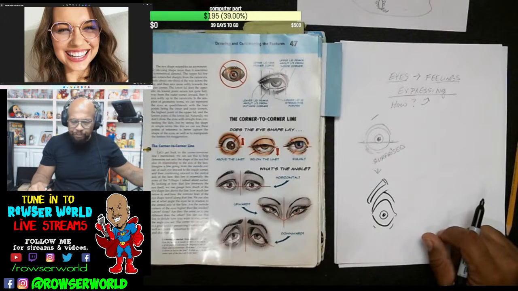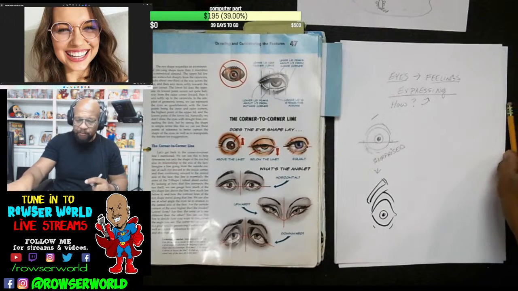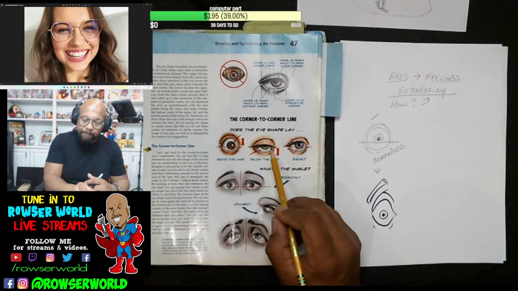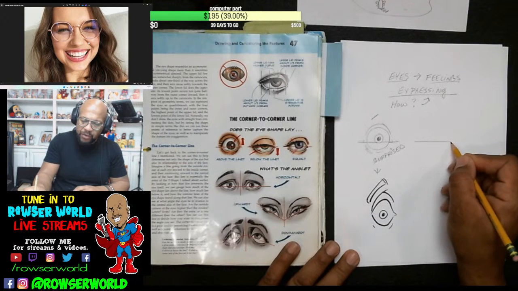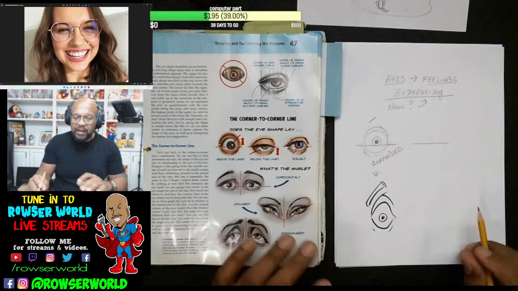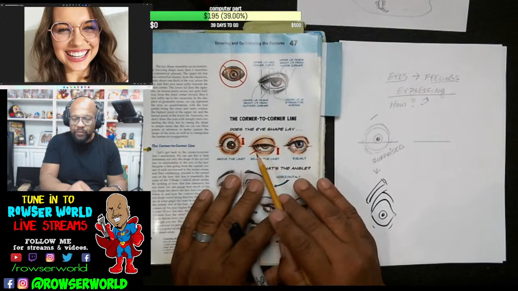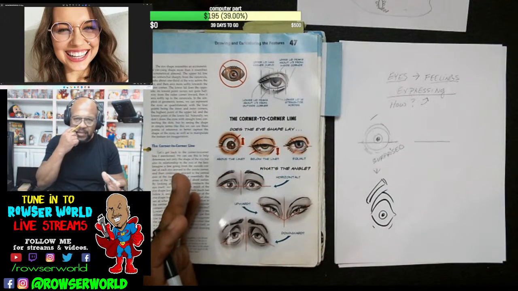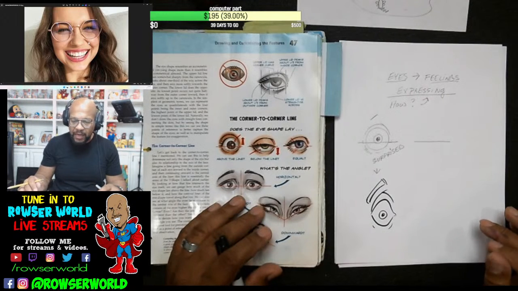All right. Now the next eye that we also went over last week, which I find to be very usable in a lot of situations, is where we have the center line, okay? And if you look at the white space of the eye here, it is more of a half of a circle, okay?